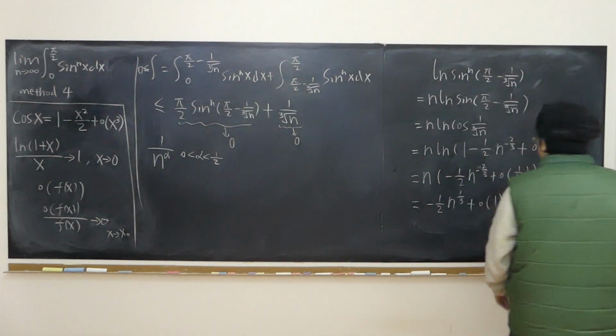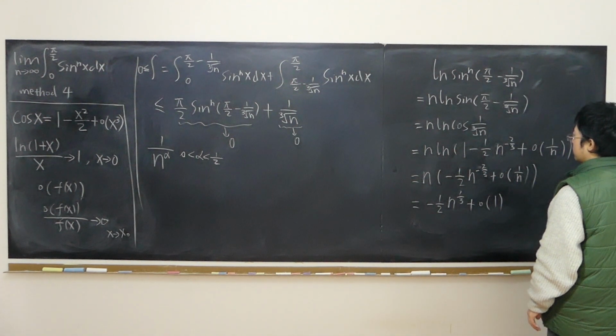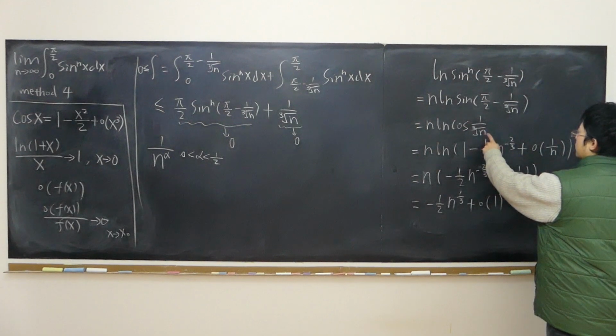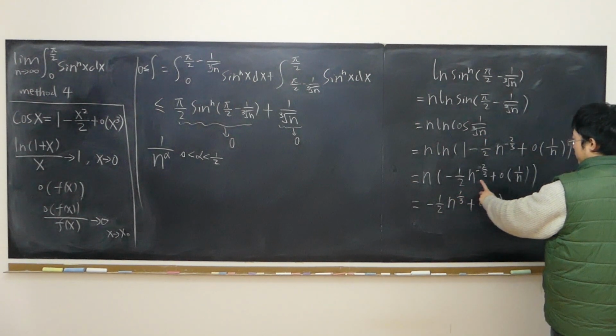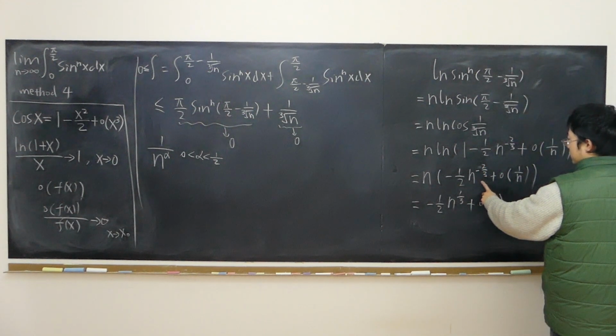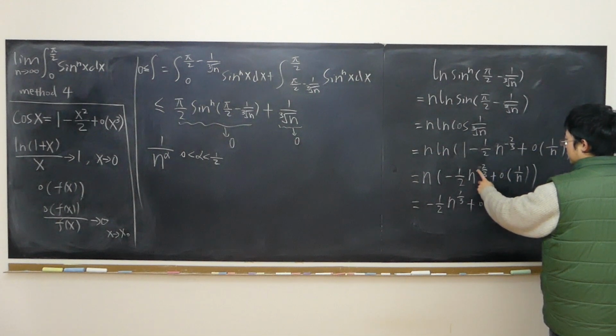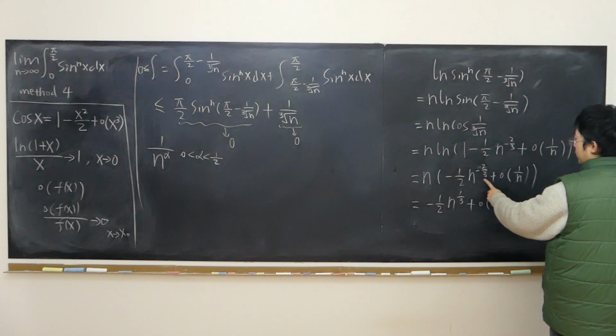So imagine we have 1 over n to the power alpha, then that becomes n to the power of minus 2 alpha.